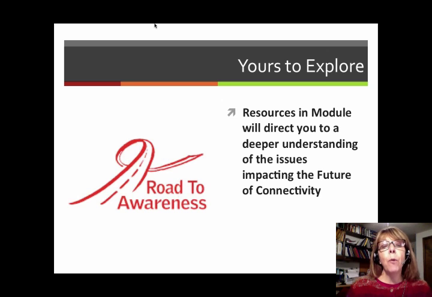So I've talked about this as being a road to your awareness of the issues. I've given you the roadmap, the resources to get you to the destination, and now it's yours to explore, to go through all the resources, to have discussions with others online, and to take the quiz if you're interested in the badge.